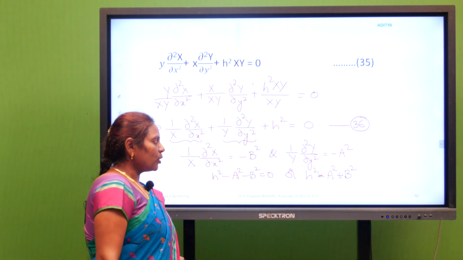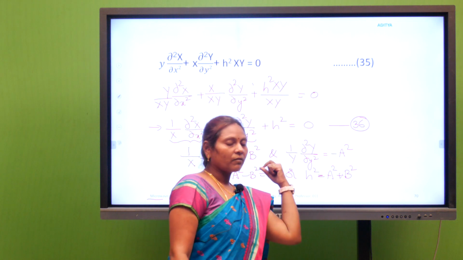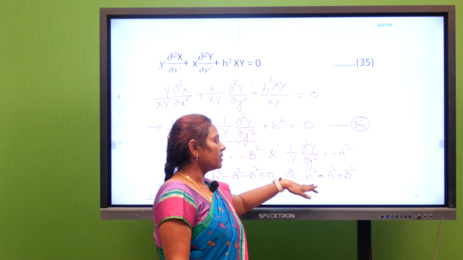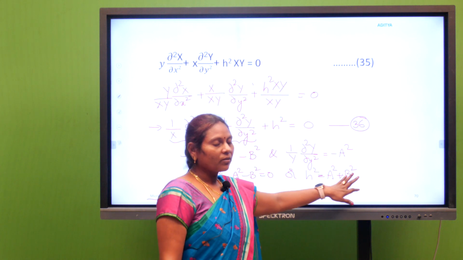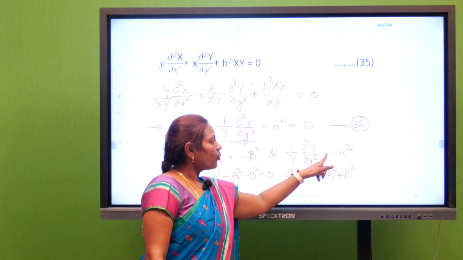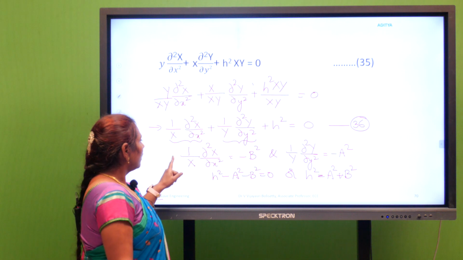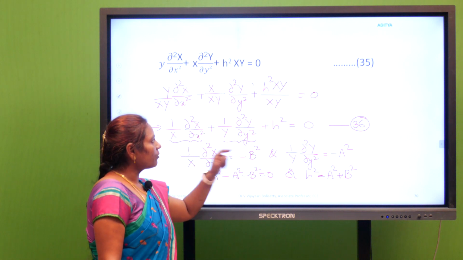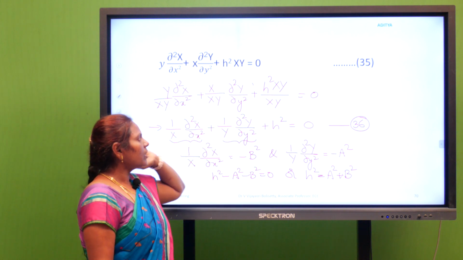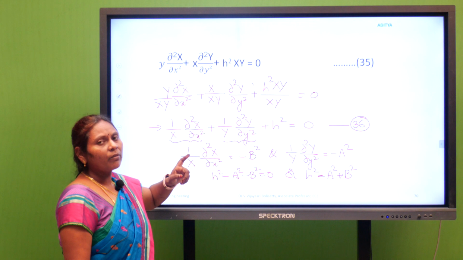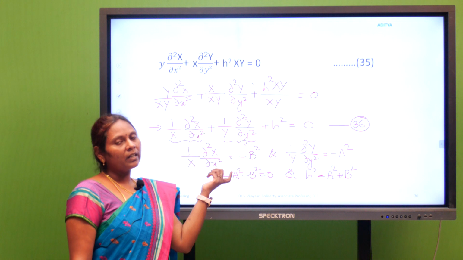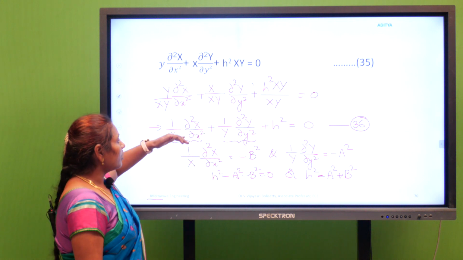If you observe, h² = a² + b², the same as in the TM wave equation, where (1/Y) ∂²Y/∂y² = −a² and (1/X) ∂²X/∂x² = −b². This equation 36 exactly represents the same equation we saw in the TM wave equation, so the solution will also be exactly the same as we discussed there.